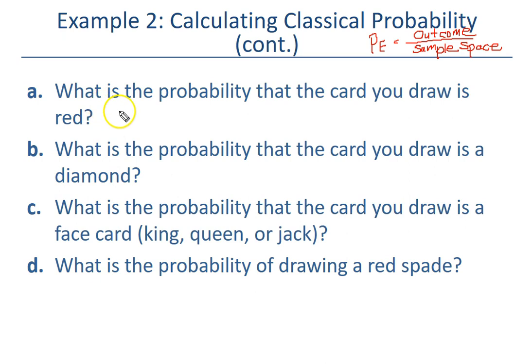So the probability of this event, how many red cards in a deck? Well, we said there were 26. How many cards in a deck? 52. So we simplify this ratio to 1/2, and in its decimal form is 0.5.